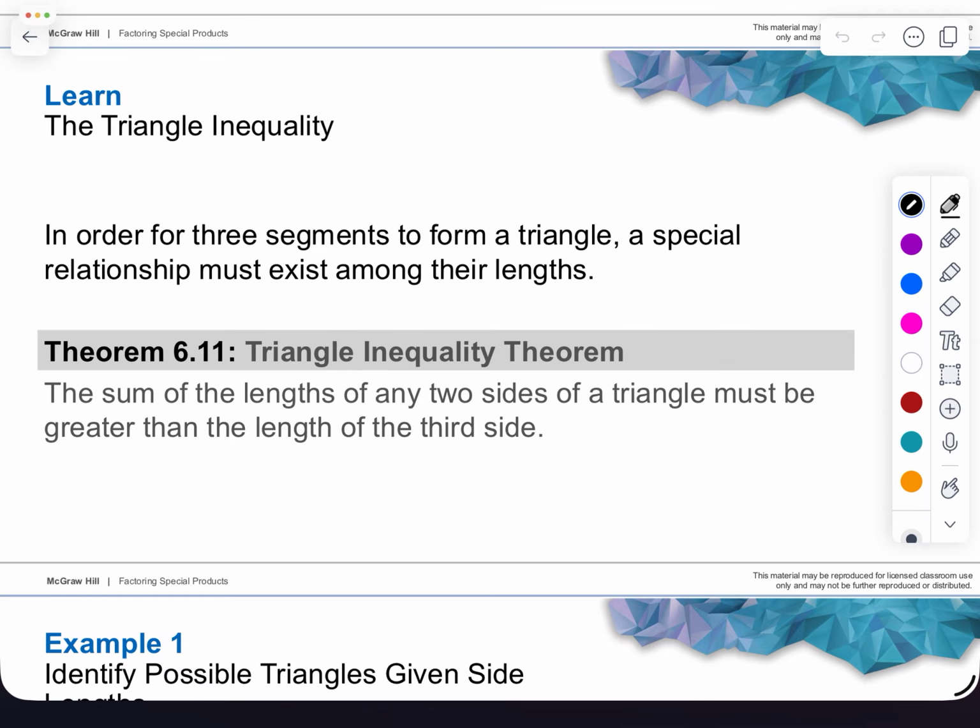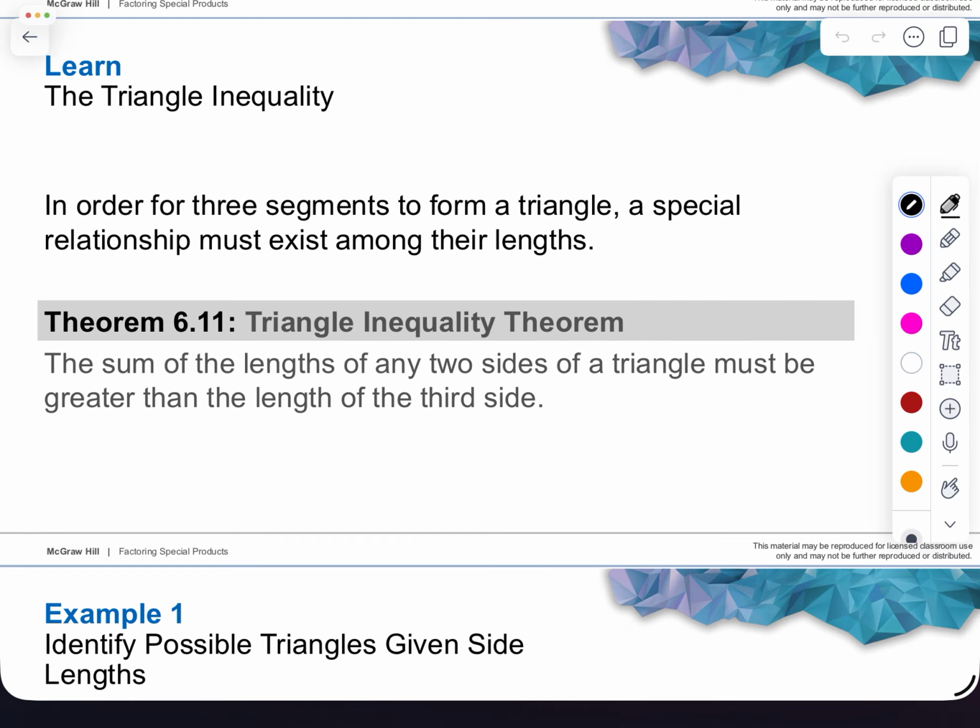Okay, so here's the rule. The sum of the lengths of any two sides of a triangle must be greater than the length of the third side, which really makes sense.